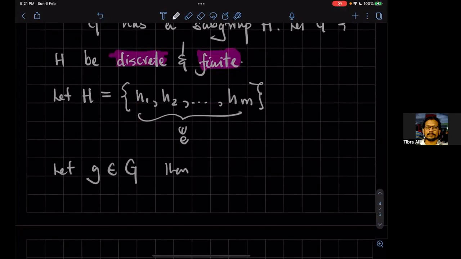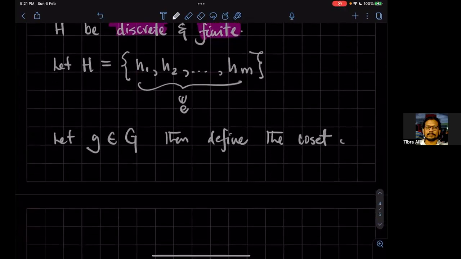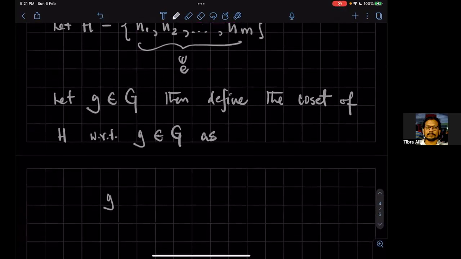Then we define the coset of H with respect to the element small g in G as g times H. I think it's the left coset.